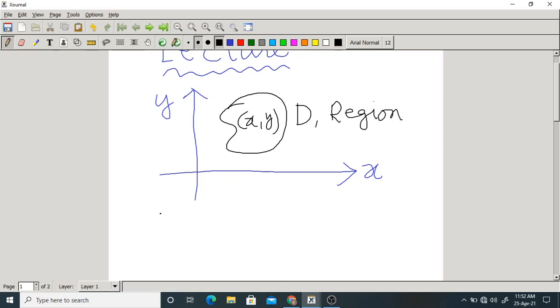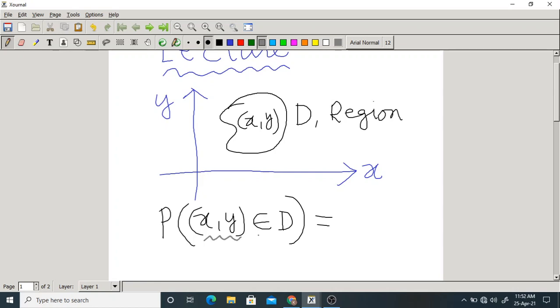Suppose I want to find the probability that x comma y belongs to D. Here we are dealing with two random variables x, y, and I am asking what is the probability that they belong to this region D.